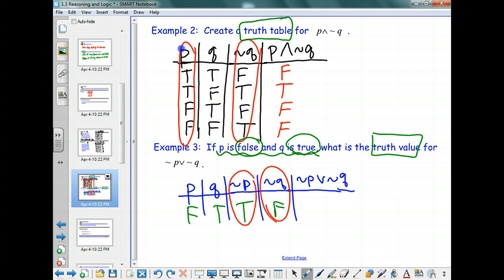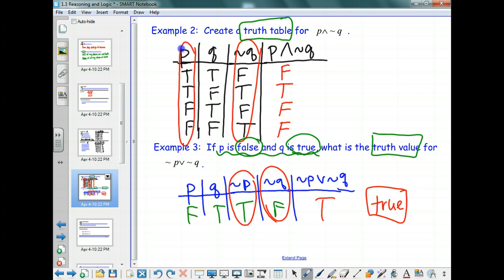So if I have a false statement and a true statement, is the disjunction, the or statement, false or true? True. And then I have to answer the question, because the question said, what is the truth value? And the answer is that it is true, because it's the last statement. So the answer to the question is that it is a true truth value.